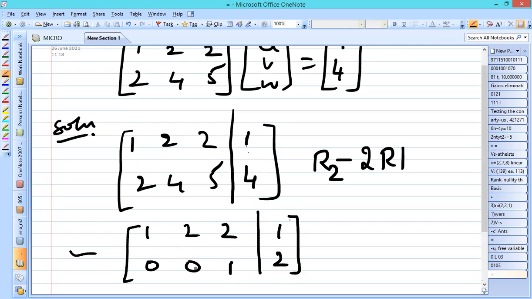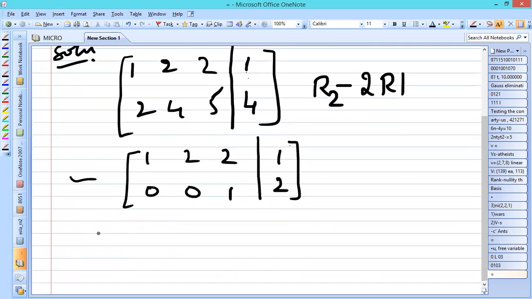Now further we cannot apply any other transformation because once again it would result in non-zero elements in the second row. So we'll stop here. After this, once again I'll split this augmented matrix. We can write the matrix in the reduced form as 1, 2, 2.